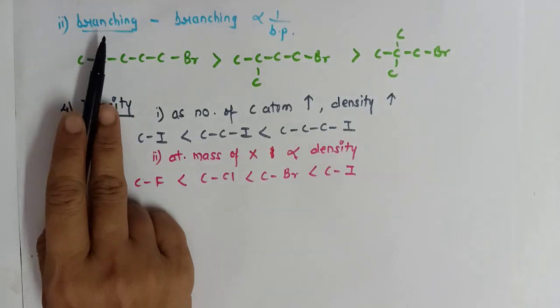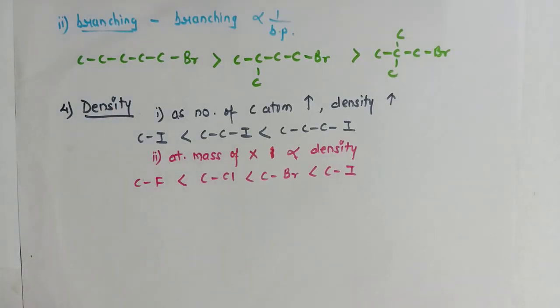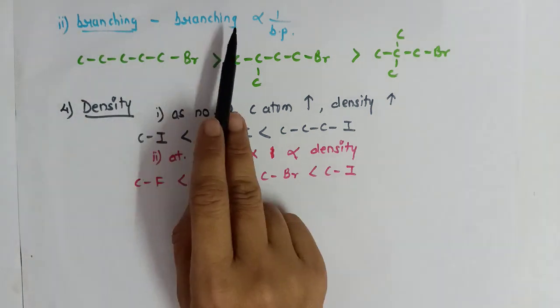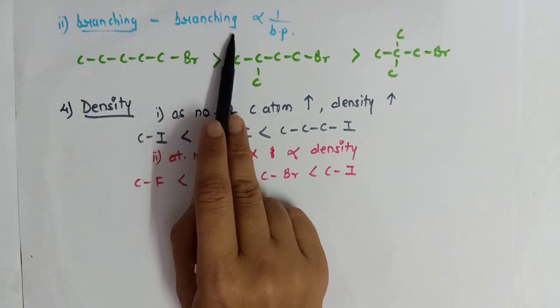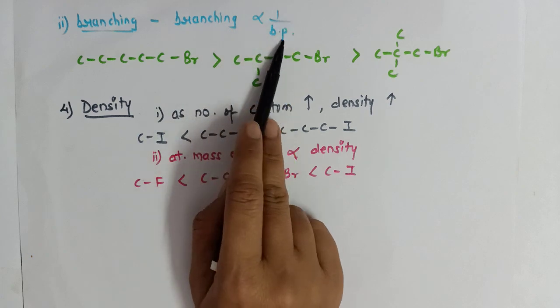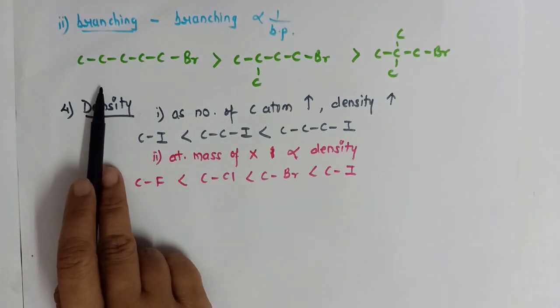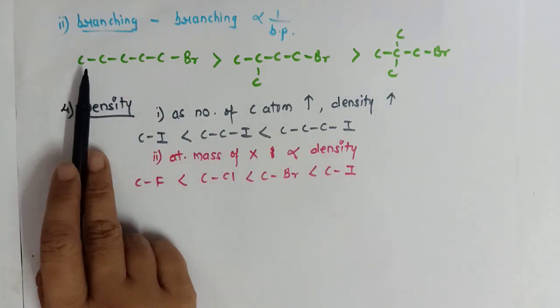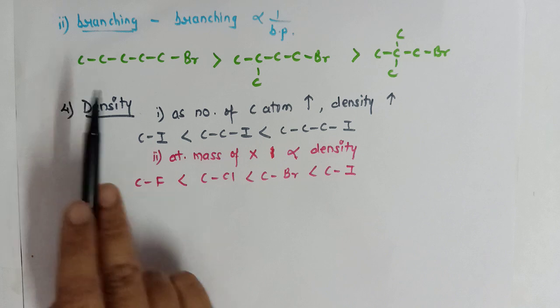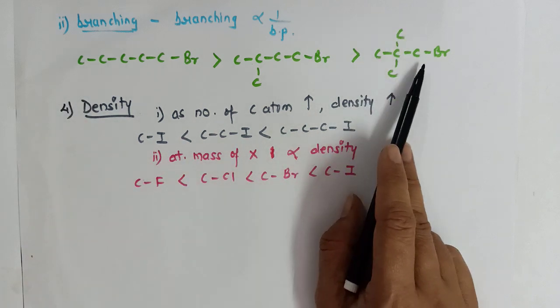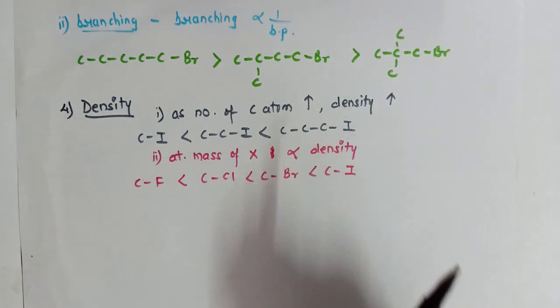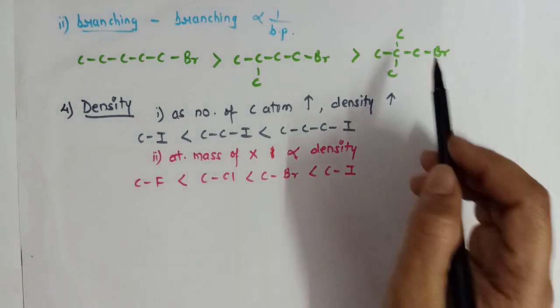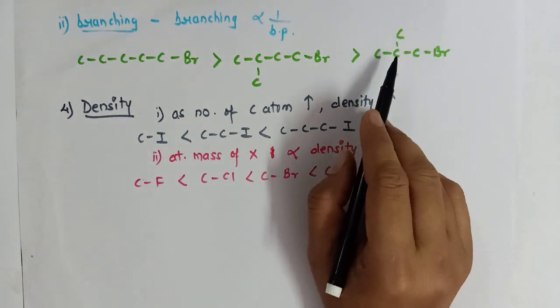The next factor which will affect boiling point is branching. In 11th class we have studied that as the branching increases, boiling point decreases. They are inversely proportional to each other. For example, in this given one, bromopentane will have the highest boiling point as compared to 2,2-dimethyl bromopropane, because of maximum branching in this case.